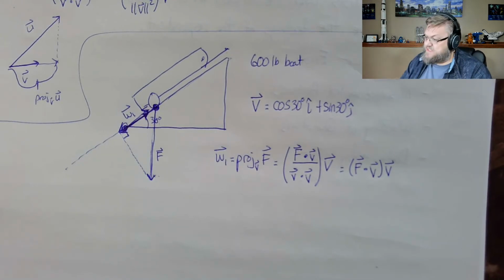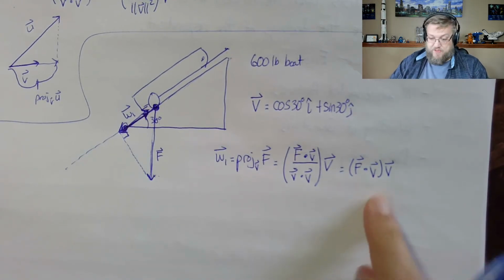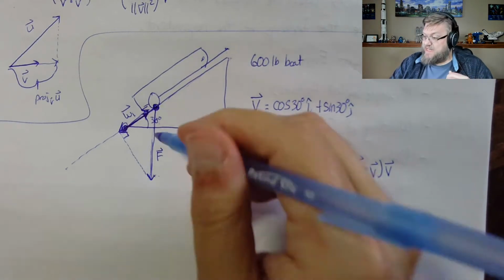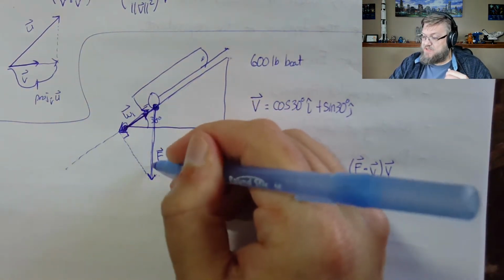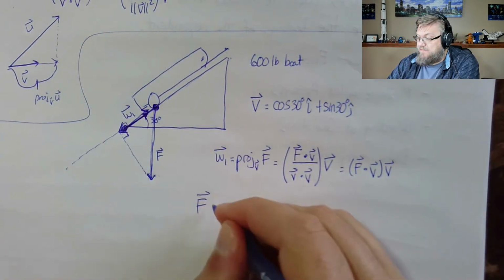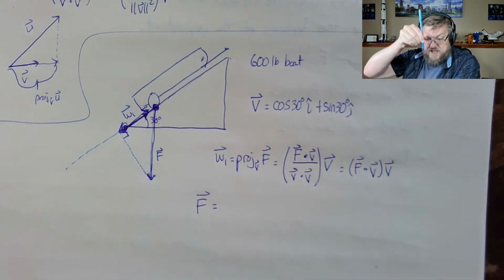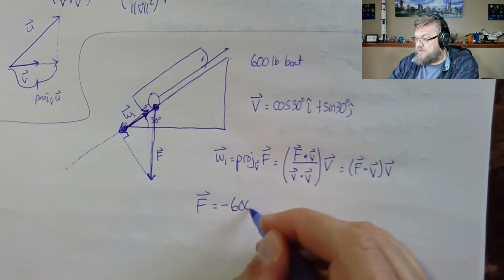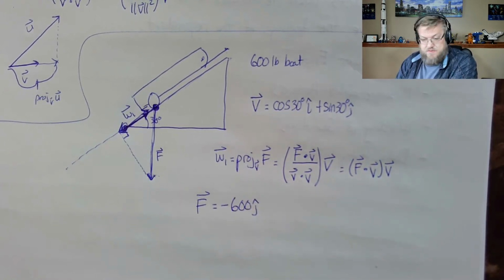So all I have to do is dot the force vector with v. Okay, to get that accomplished, I now have to write F in terms of its components, right? So what is F? Well, F is a vector acting straight down. So it's all j component, isn't it? And in fact, it acts downward by 600 pounds, right?